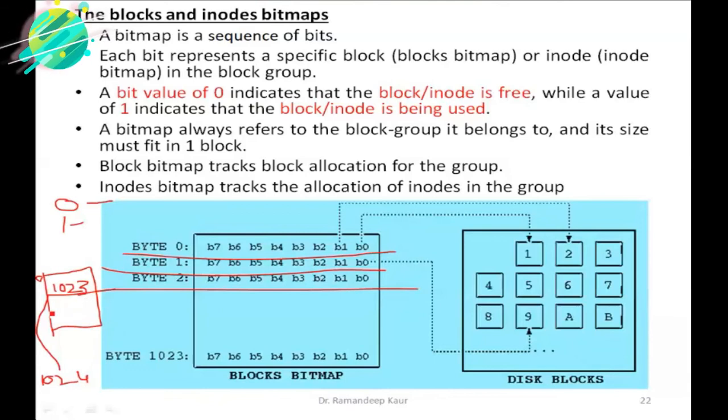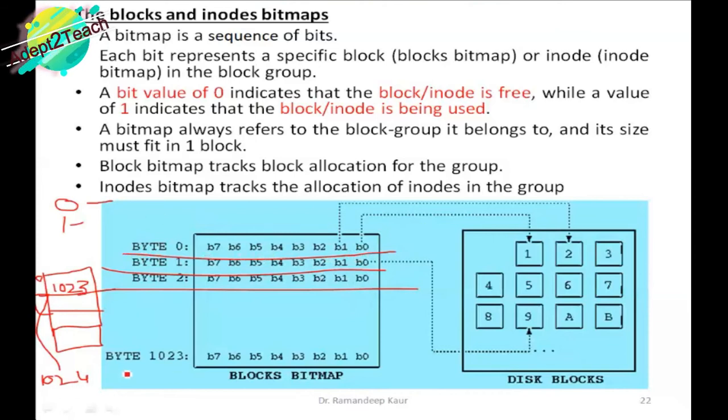From this, your super block and your block group descriptor will start. Every block will be of size 1024. So this is a fixed size. Every block is of 1024 bytes. The address spaces that are available are also 1024 address spaces.